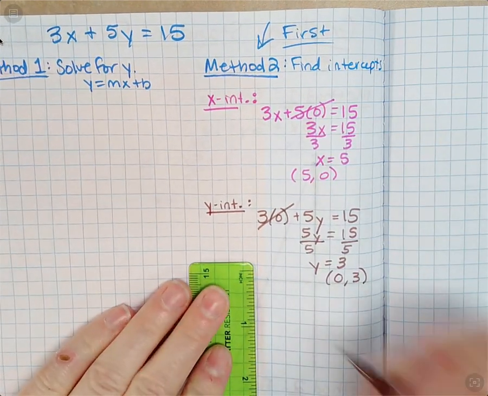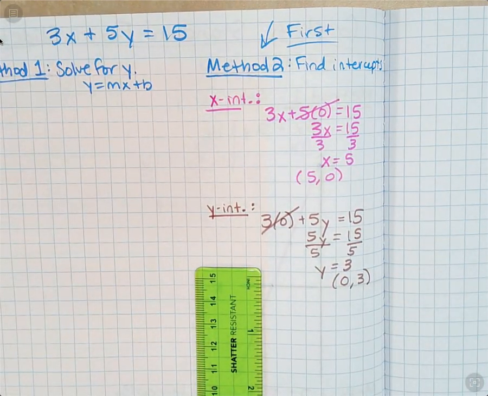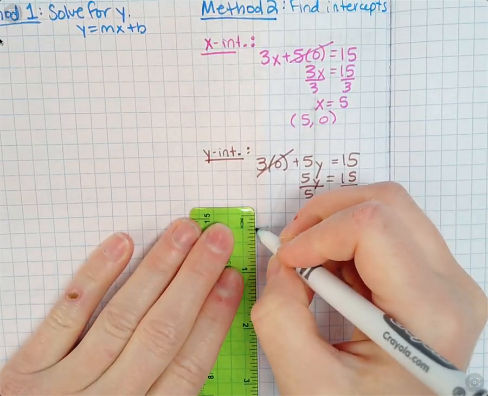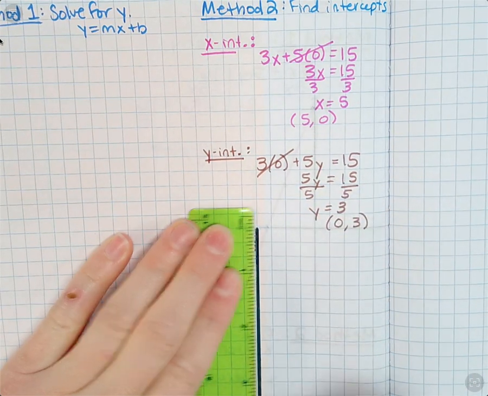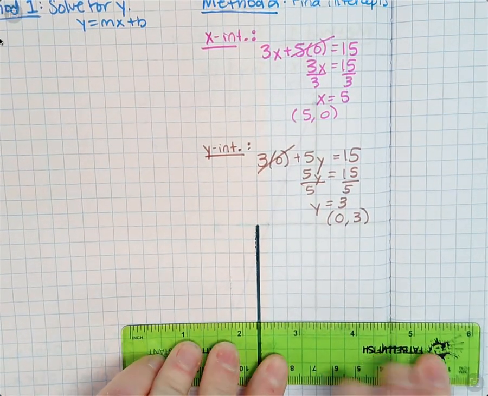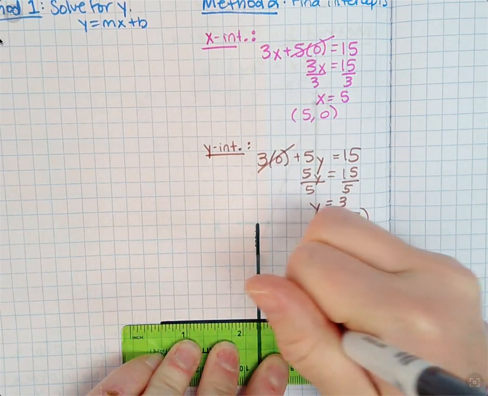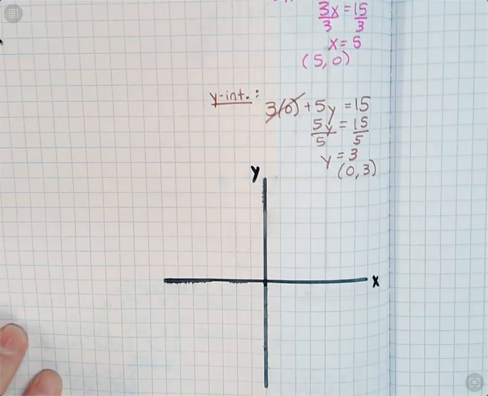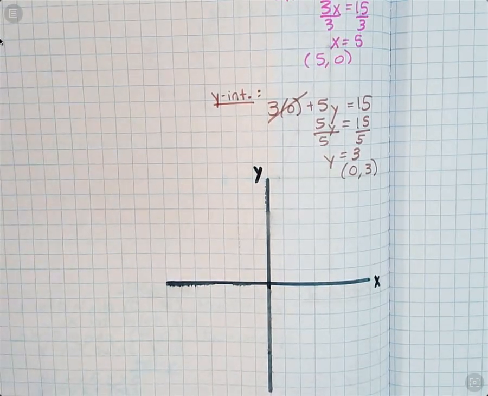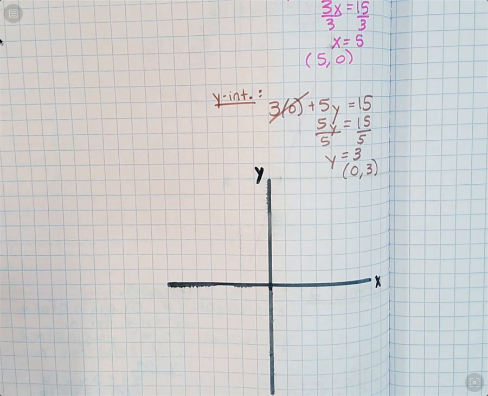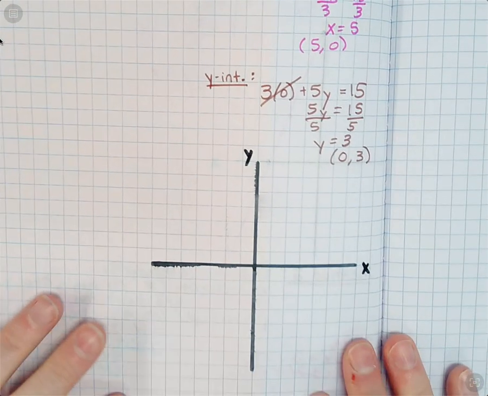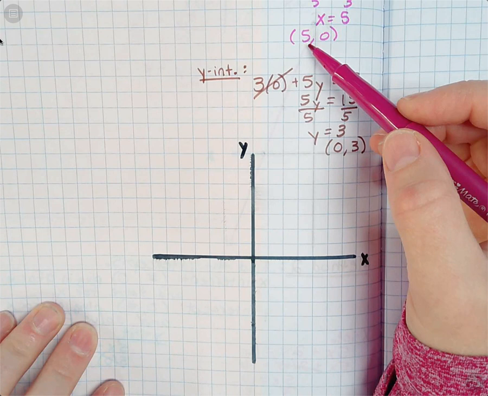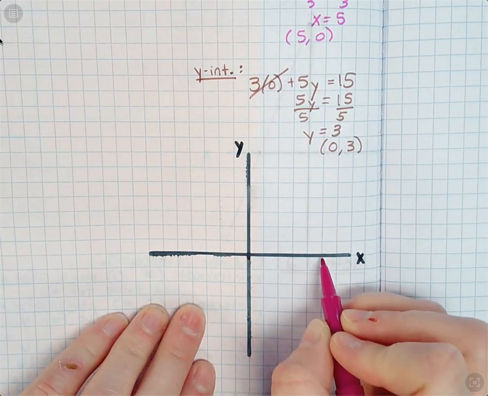Let's draw the graph, and then we'll graph them. So we want 5, 0. So 1, 2, 3, 4, 5, 0.